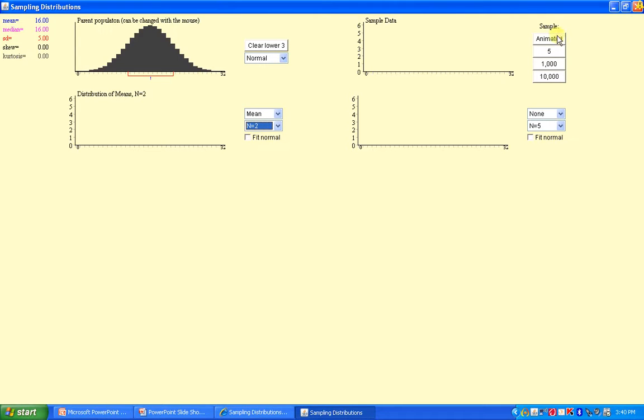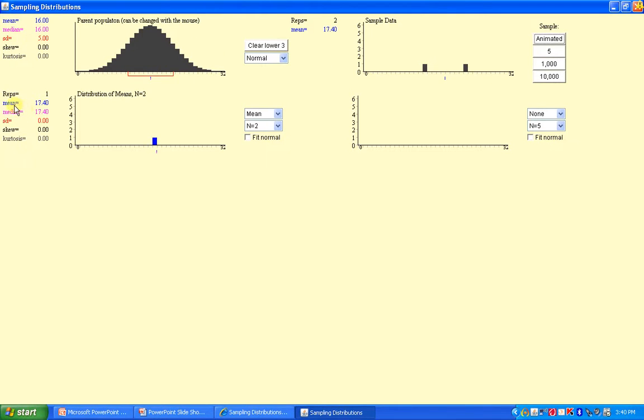I'm going to simulate a random sample of size 2 from this population. So let me do that. I just picked 2. These are the 2 observations that I picked. This is the mean of those 2 observations. Notice it lies almost in the middle of the distribution, close to the mean.